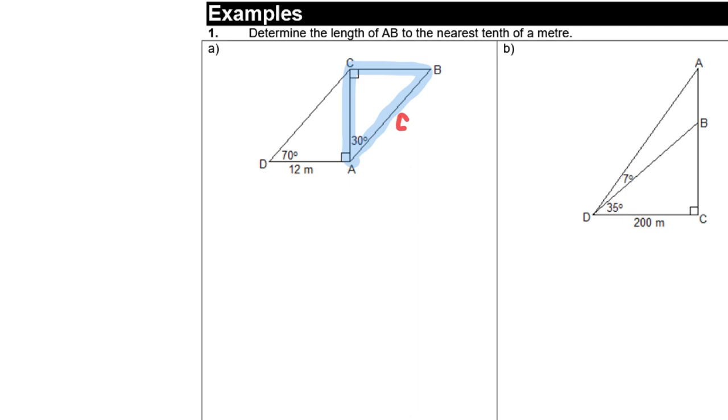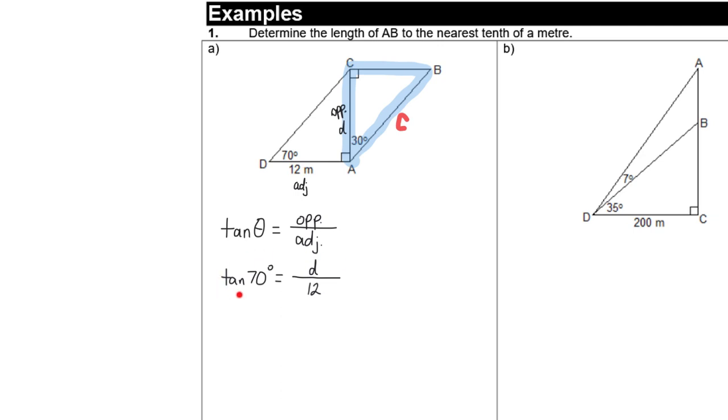So here's my method. I have this angle as my reference. So there's the opposite side. The 12 meters would be adjacent to that angle. So opposite, adjacent, I'm going to use the tangent ratio. So tangent of 70 degrees equals, we'll call this D, over 12. Opposite over adjacent.